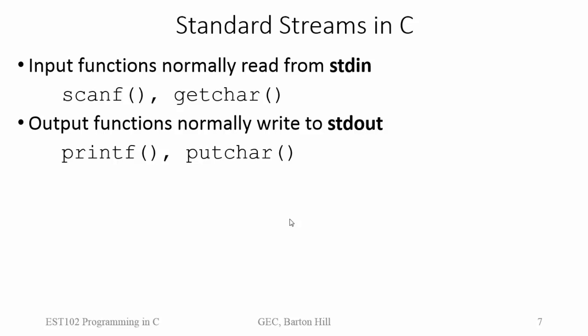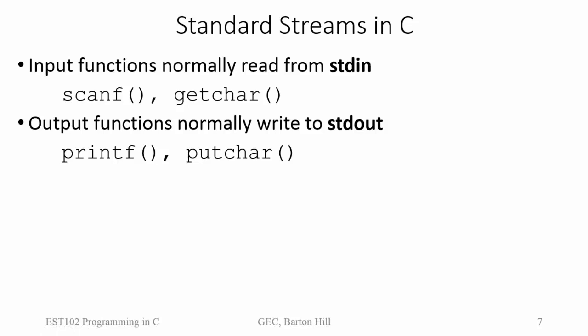That's why when we use scanf and getchar, we are accepting data from the keyboard. In the case of output functions like printf and putchar, whatever we print gets displayed on the screen, because these functions normally write to the stream stdout, which is usually connected to the display.